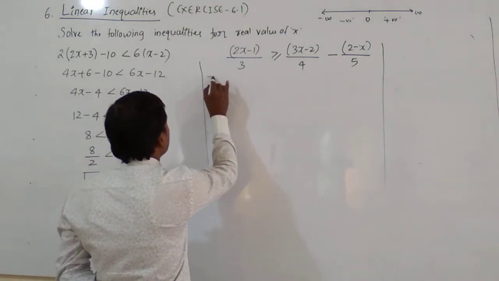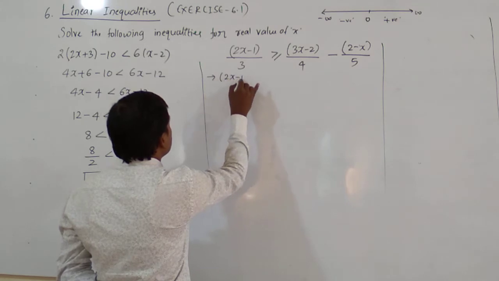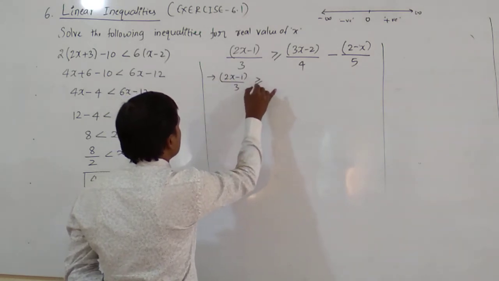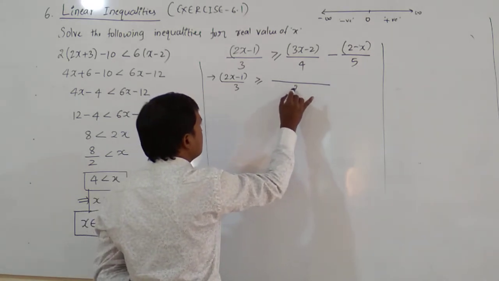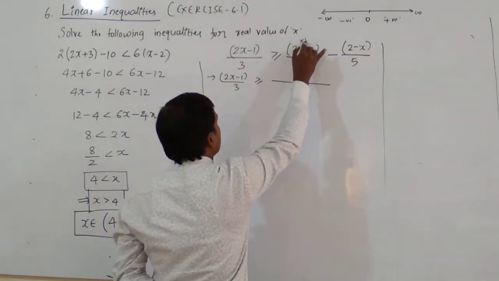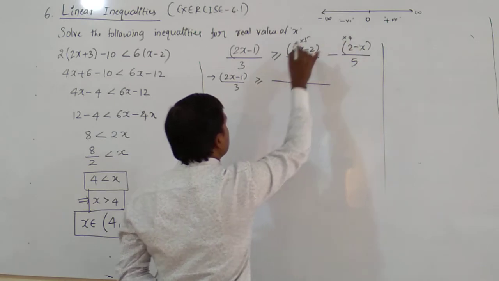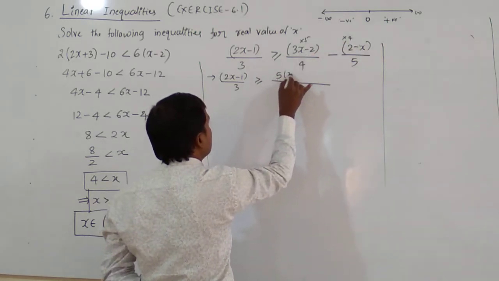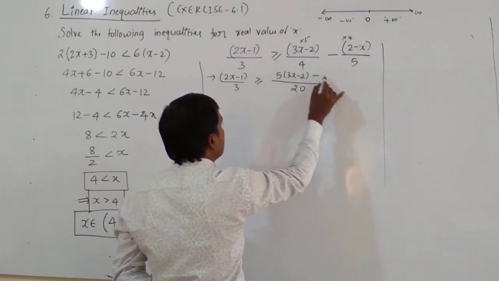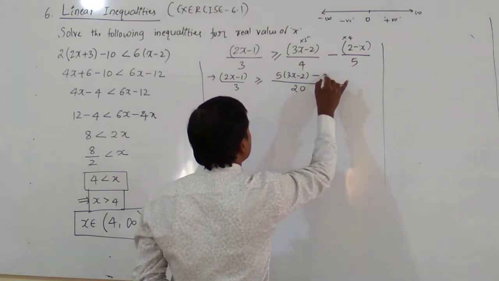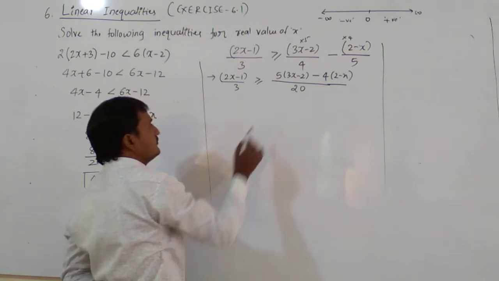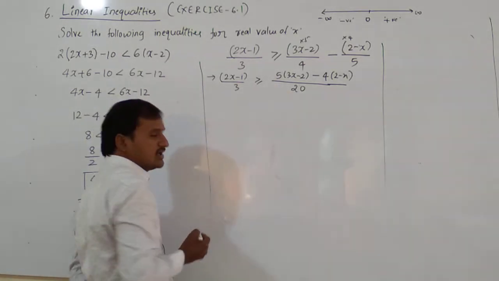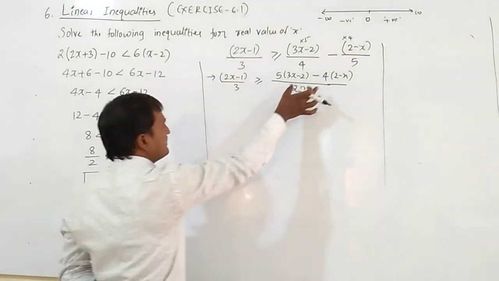Here I will write 2x minus 1 by 3 as it is, which is more than or equal to... what is the LCM? First I will take the LCM, which is 20, that is 5 multiplied by 4. So clearly 5 into 3x minus 2, minus 4 into 2 minus x. Before cross multiplication, first I will simplify this term.